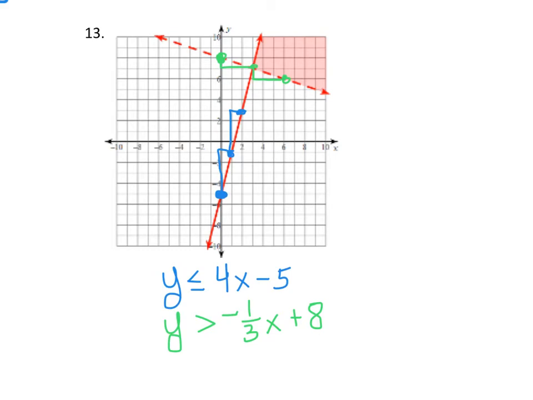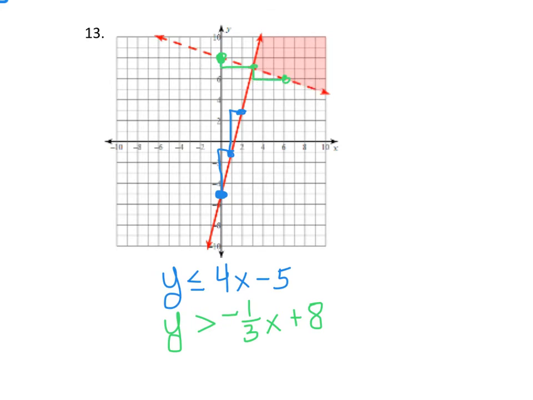So I'm going to use the less than or equal to symbol in this case. My y-intercept was -5 and my slope was 4. Rise over run. So my inequality here is y is less than or equal to 4x minus 5. For the other line, the dotted line, I started with my y-intercept of 8. And since for this dotted line, it's shaded above the graph, this is a negative slope.